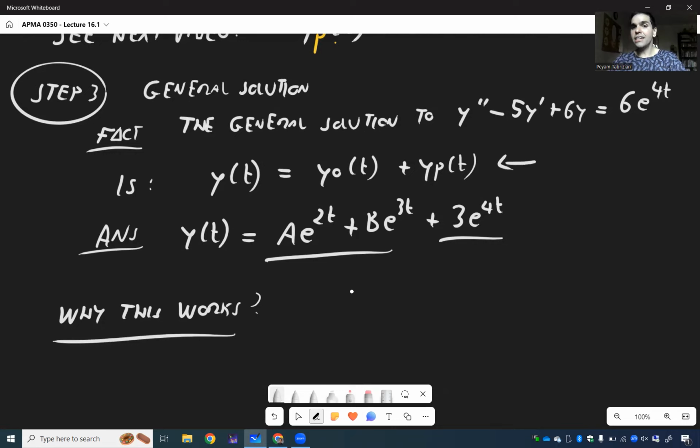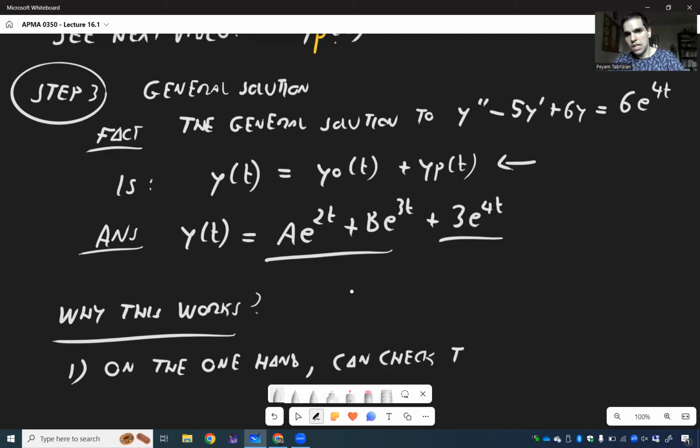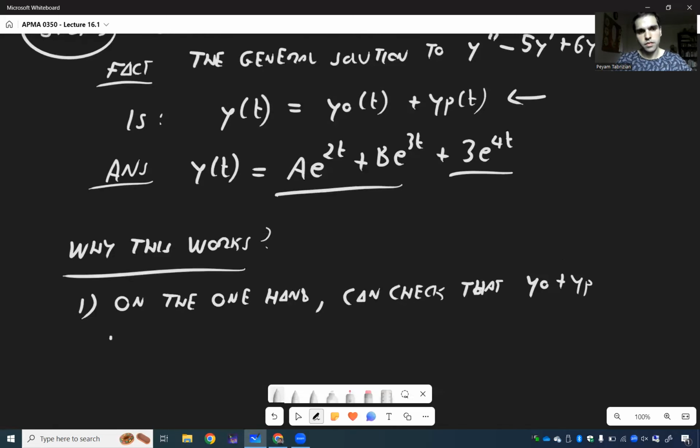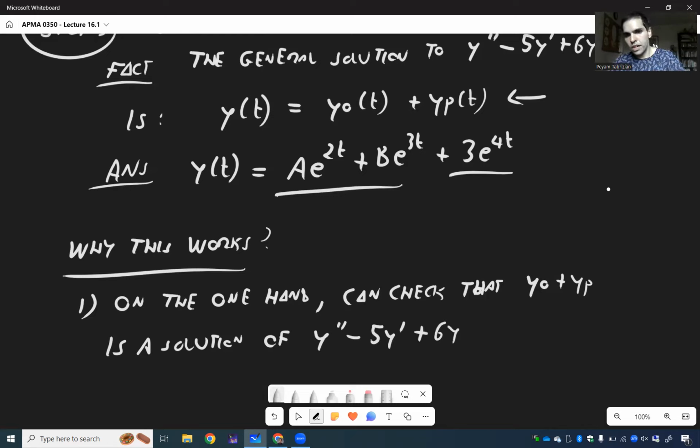On the one hand, we need to check that y0 plus yp is a solution of our equation, y double prime minus 5y prime plus 6y equals 6e to the 4t.